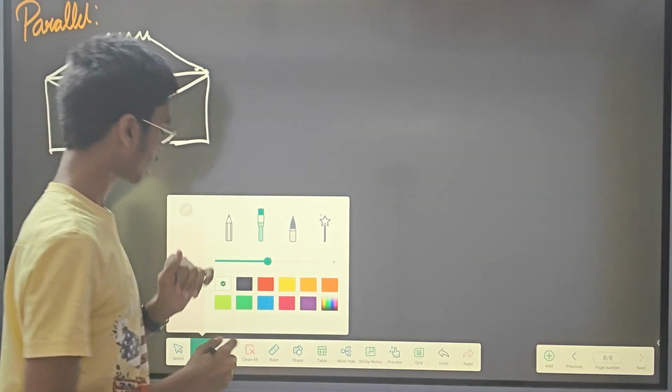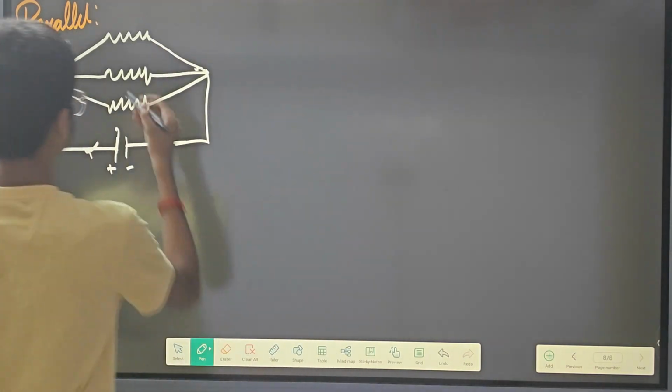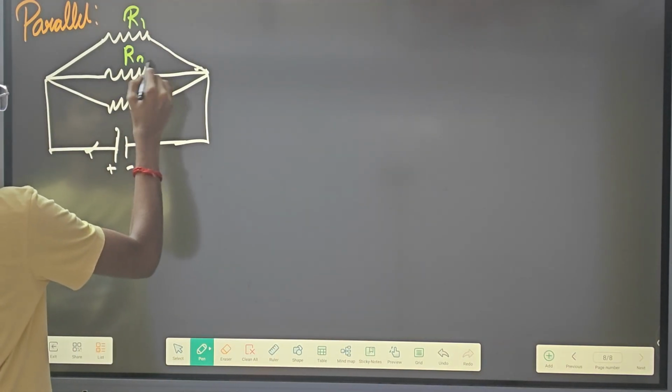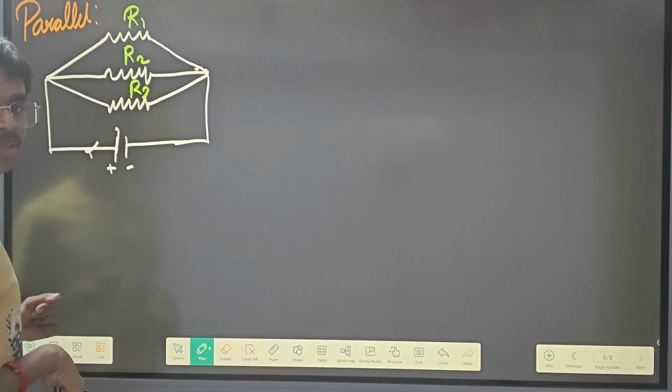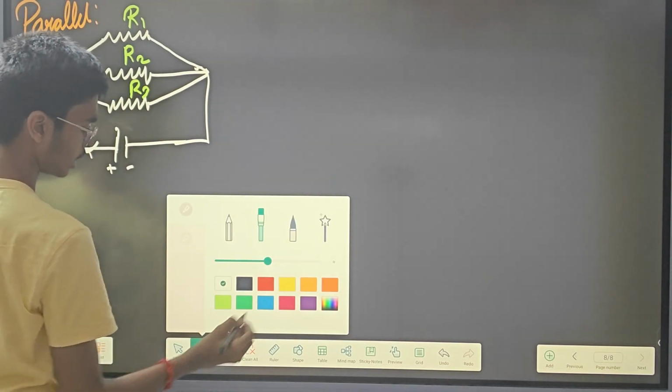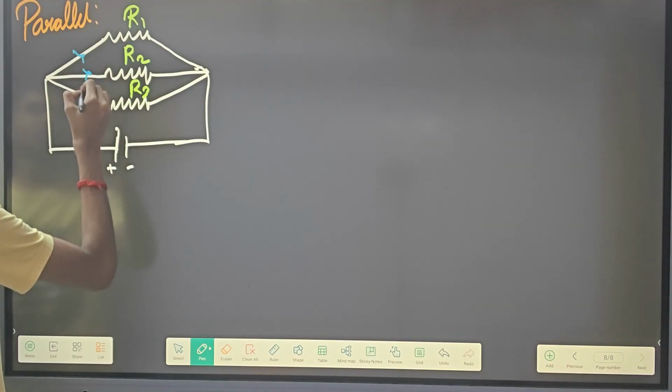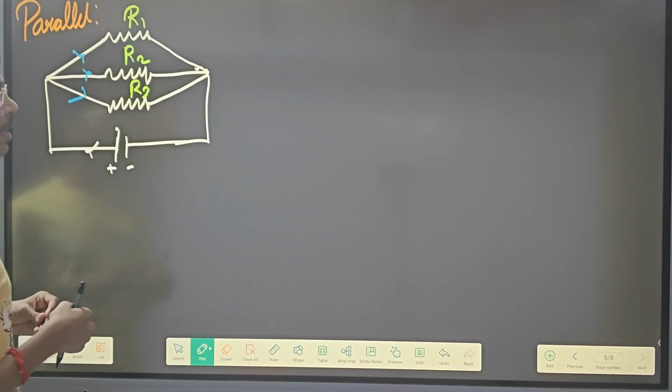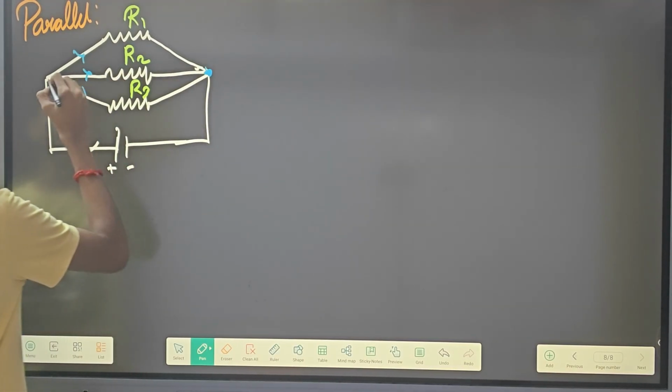This is the circuit that we are going to take. Here this is R1, this is R2, and here it is R3. If the current comes over here, it will be splitting, and at last will be joining back here.